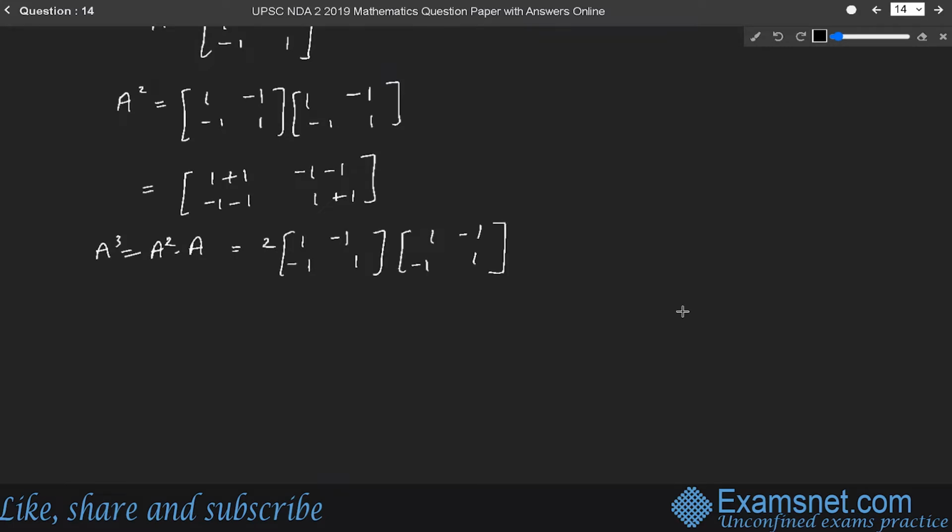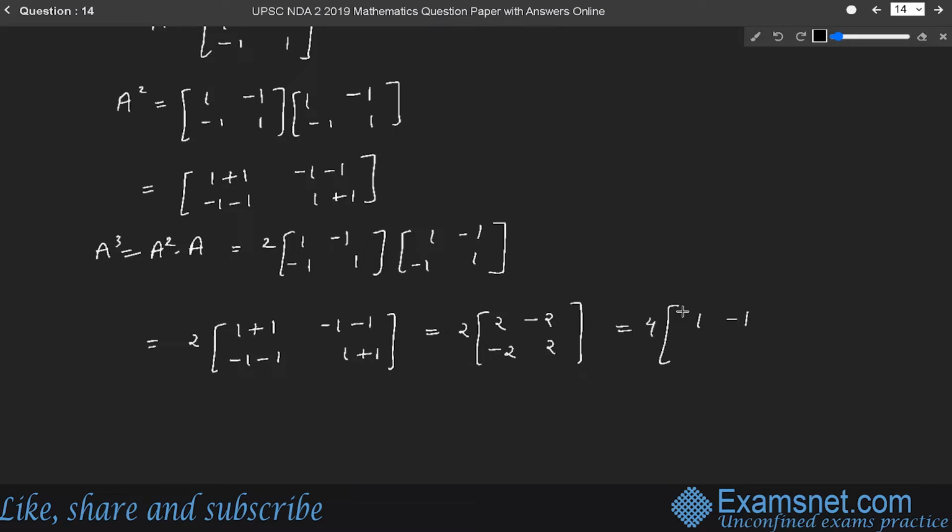We have taken 2 common from A square. So it becomes 2 into [1 plus 1, minus 1 minus 1, minus 1 minus 1, and 1 plus 1], which is equal to 2 into [2, minus 2, minus 2, and 2]. So it will be 4 into [1, minus 1, minus 1, 1]. Again we have taken 2 common outside.